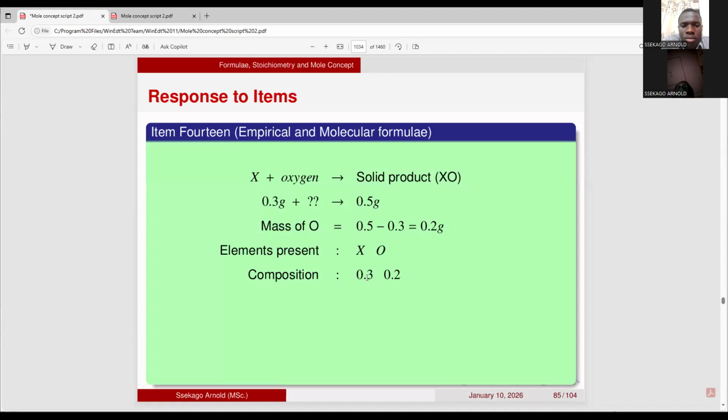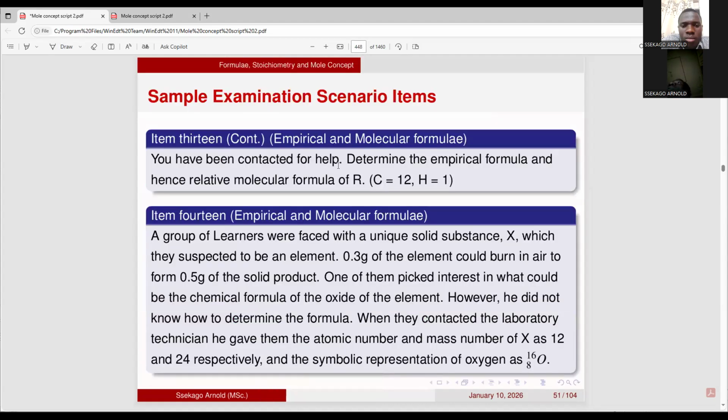Now look at that item very well because you have it. Somewhere that item mentions the atomic mass, let me take you back a little bit. It is here.